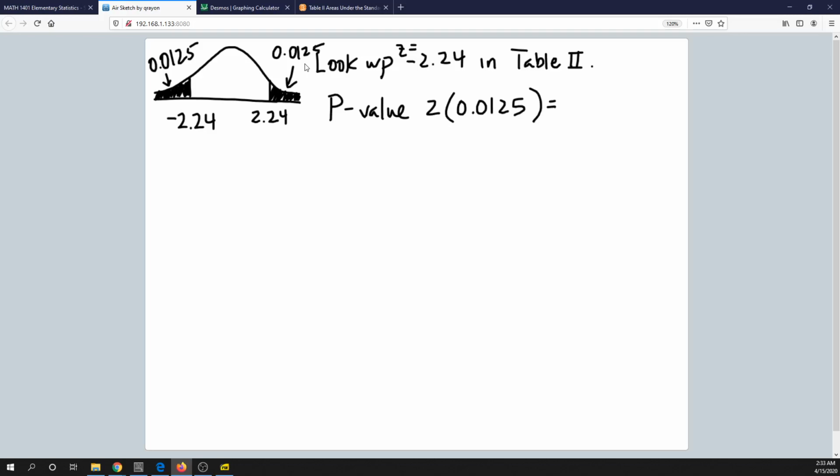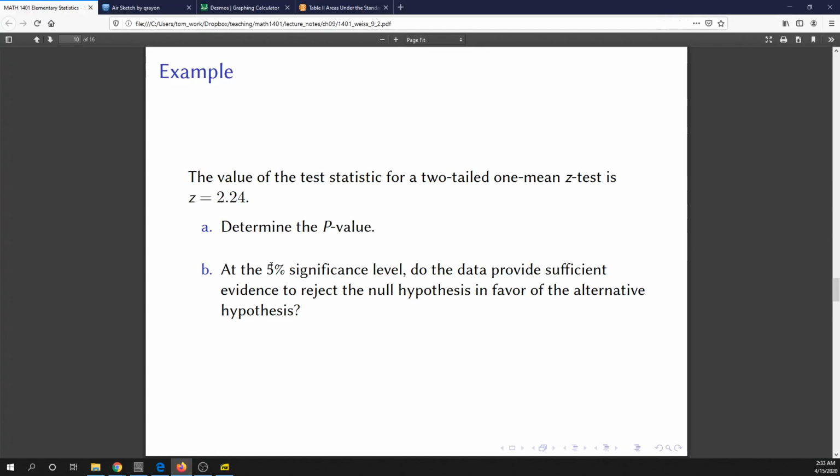And so that comes out to be 0.025, when we add those two together. Okay, so that is part A, the p-value. It's 0.025.